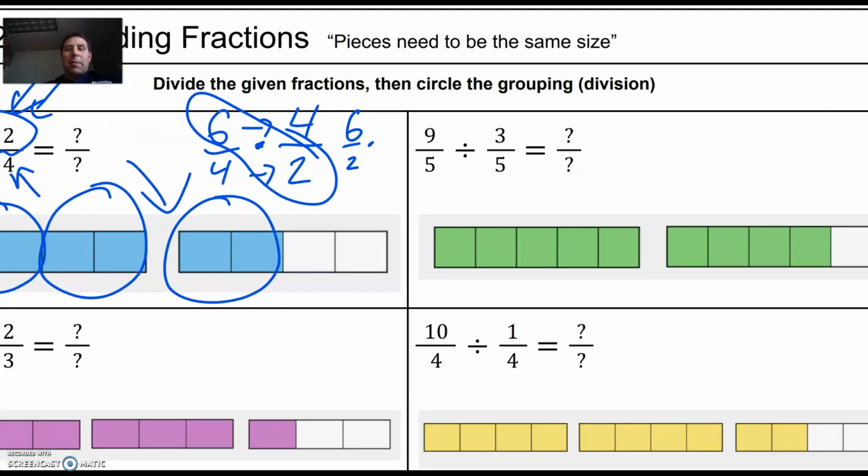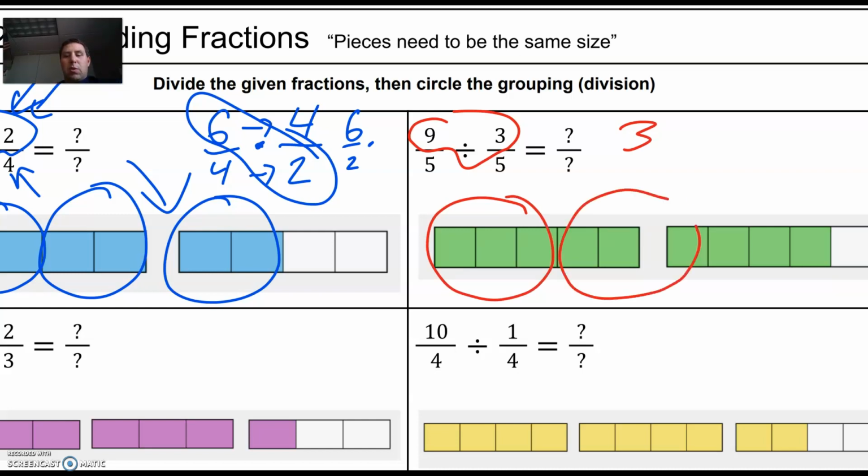Let me show you a different one, just to give you another example. Notice here, they're the same size, right? So really, I could just divide by the numerators. 9 divided by 3 is 3. We're done. Because if we look at the picture, I'm grouping by 3. There's 1 group of 3, 2 groups of 3, 3 groups of 3. So of 9/5, there are 3 groups of 3/5.